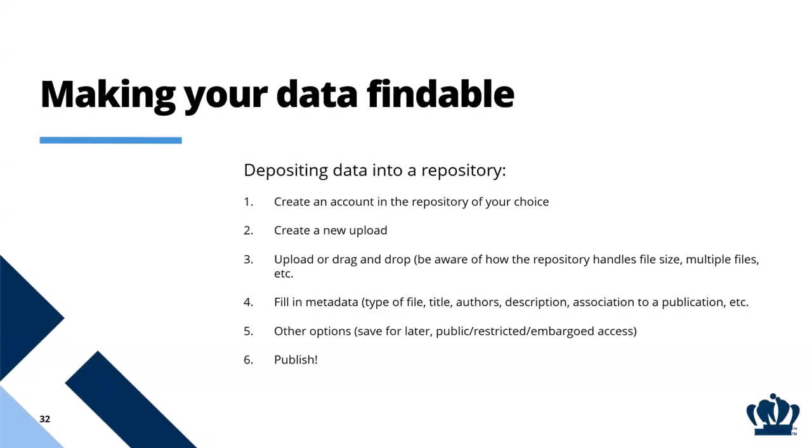You'll upload it. You might have some other options. If you're not ready, you could save it for later, or you could put an embargoed access so you don't release it publicly for a certain amount of time, because maybe you want it to come out as soon as your article is published, but you want to get ahead of it and do it ahead of time. And then you will publish your data, and it will be available publicly.